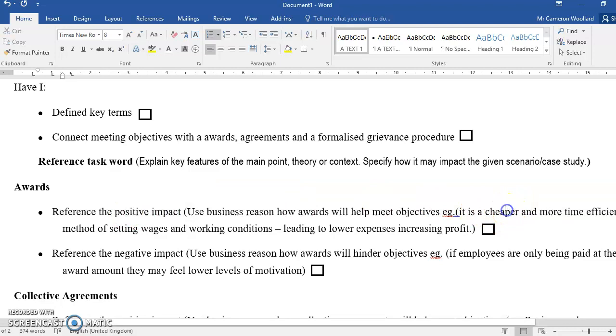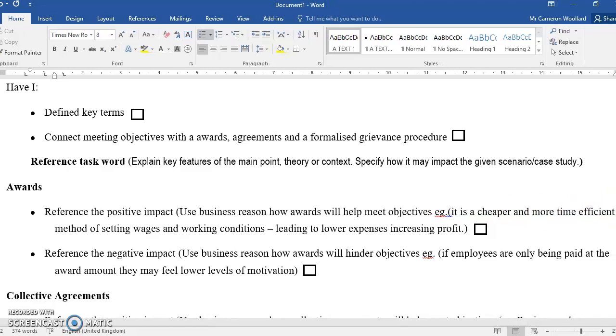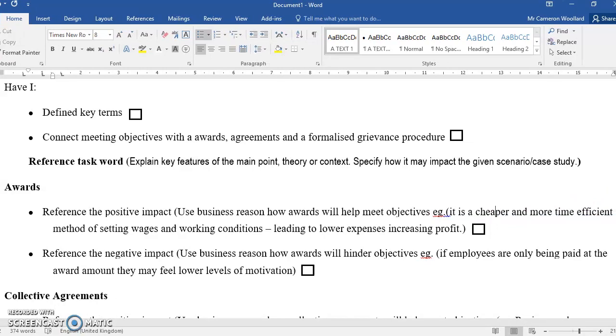My example is, what do we know about award? Award is the basic minimum for the whole industry. So if your workplace is going to be implementing an award process, what it allows us to do is that it's very time efficient. We don't need to waste time away from the job negotiating or anything like that because it's set from the Fair Work Commission.